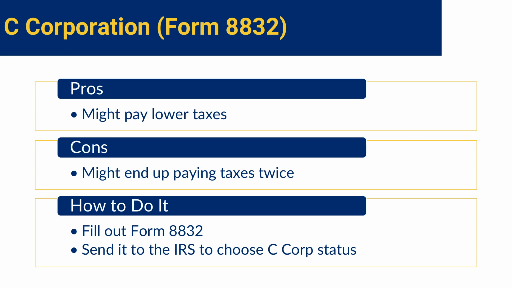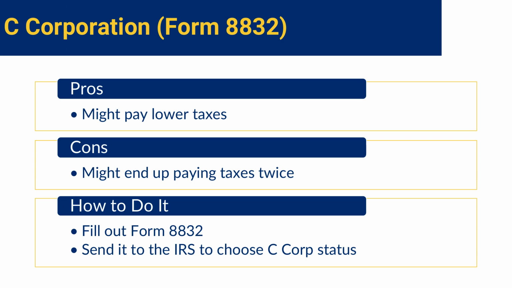While C corporation status may result in double taxation, taxes paid at both the corporate and shareholder levels, it offers benefits like lower corporate tax rates and flexibility in structuring compensation and benefits. However, there are additional administrative requirements associated with C corporation status, such as holding annual shareholder meetings and adhering to corporate formalities.